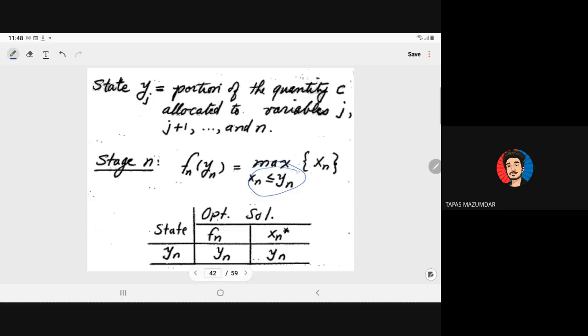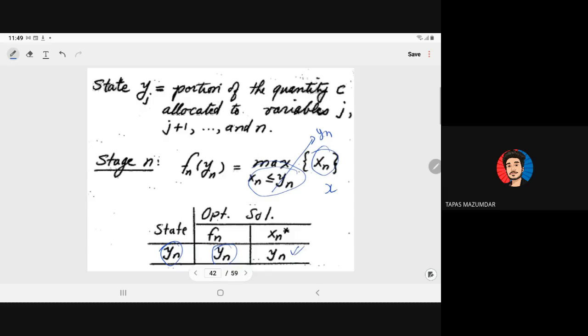Naturally, when we have the linear function x, it takes the maximum value at the right boundary of the interval. So its maximum value will be yn, corresponding to xn equal to yn.